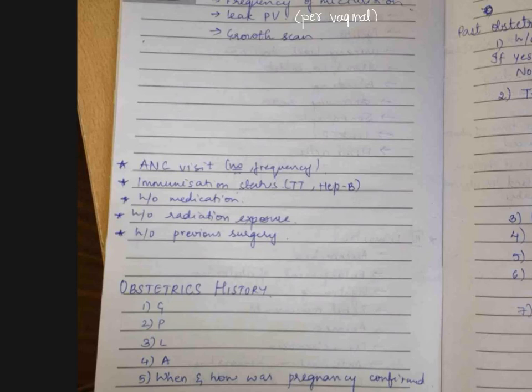Third is the history of medication. The fourth is the radiation exposure, and finally the previous surgery, if she has undergone any. So these are the five additional things that need to be questioned.